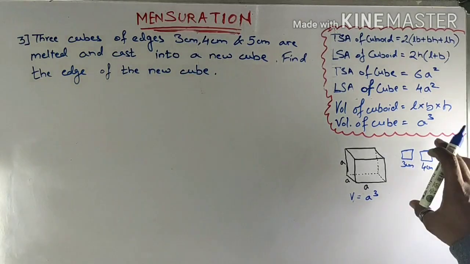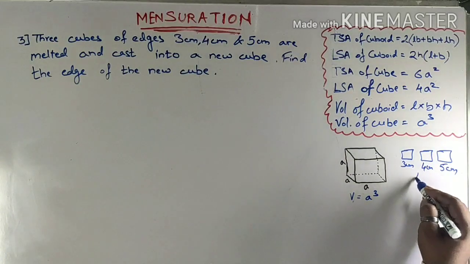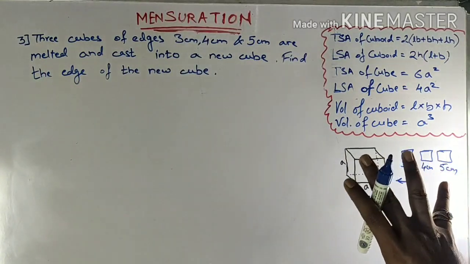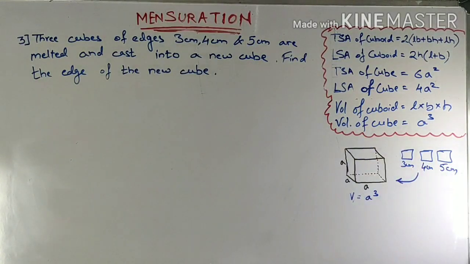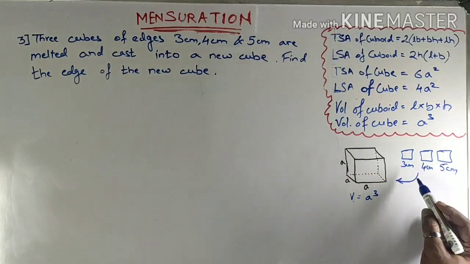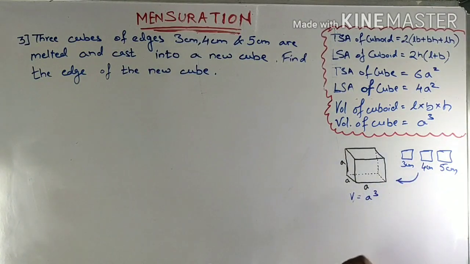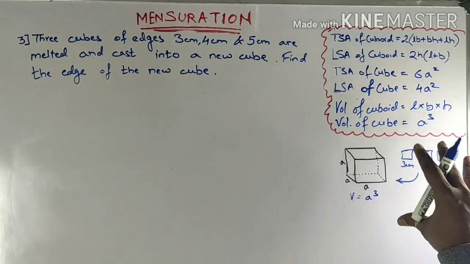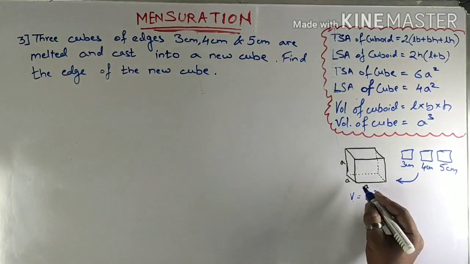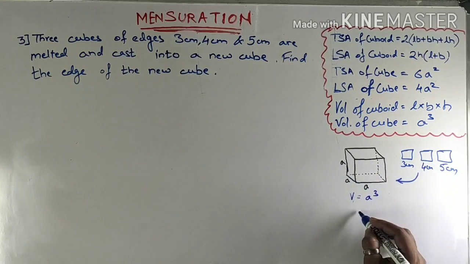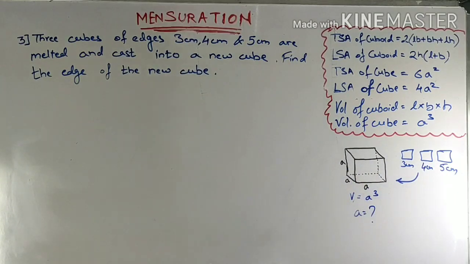They are melted and cast into one single cube. So we are supposed to find what will be the edge of the new cube. When all these 3 are melted and cast into a new larger cube, what will be the edge of this new cube? So A is question mark.